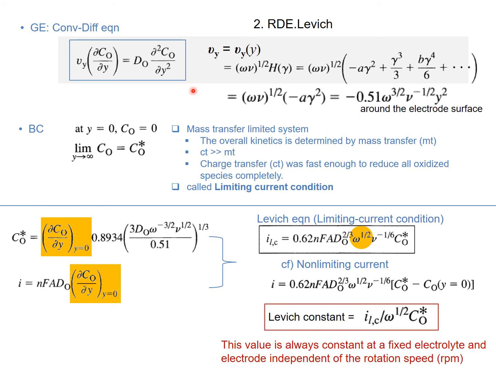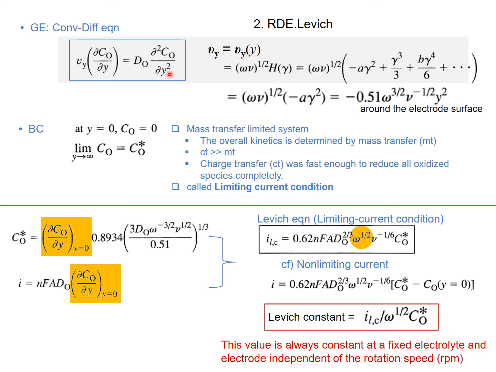So this is the governing equation, which was simplified in our situation. Again, V, the velocity in the y component, times the first derivative of concentration, the gradient of concentration, is equal to diffusivity times the Laplacian of concentration.